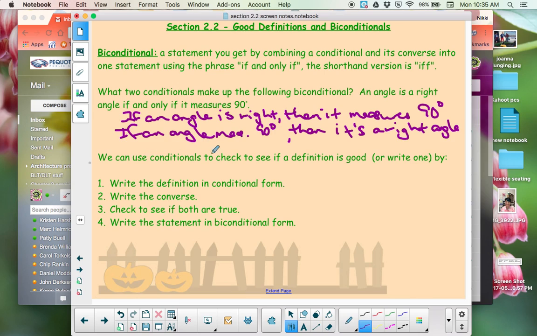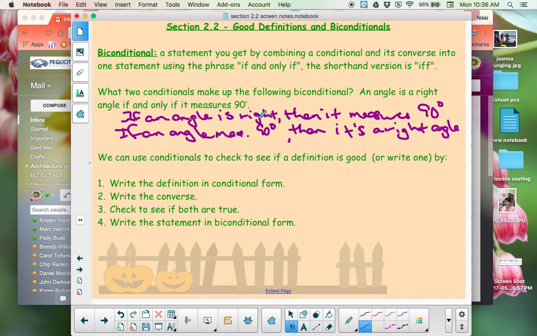How do we use these? We use biconditionals and conditionals to look at whether or not a definition is a correct definition. We do that by taking the statement and putting it in conditional form. So whatever the statement is, in this case we said if an angle is right, then it measures 90 degrees. Then we write the converse.